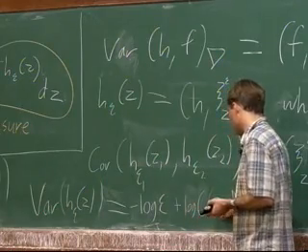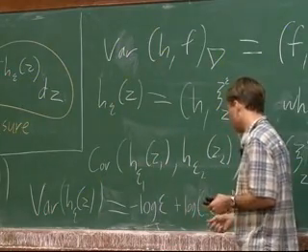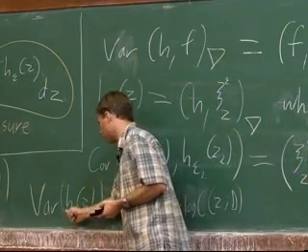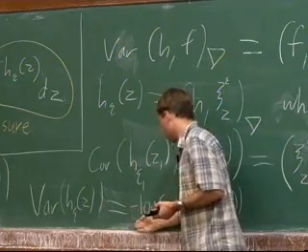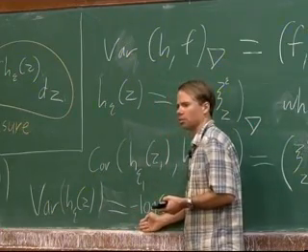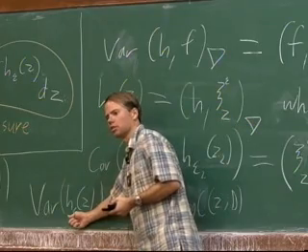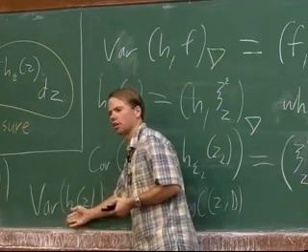It's just some continuous function of z. But the point is, and I guess you did this last time, that the variance of h epsilon of z goes like minus log of epsilon, which means that this is a Brownian motion when you parametrize time by minus log of epsilon.